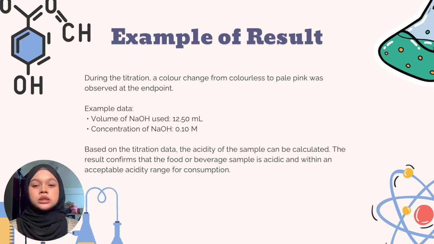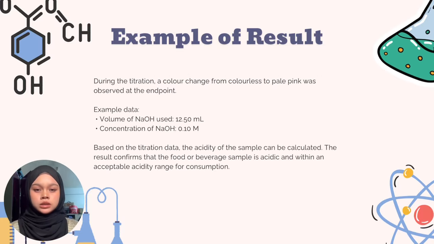Based on the titration data, the acidity of the sample can be calculated. The result confirmed that the food or drink sample is acidic and within the acceptable acidity range for consumption.